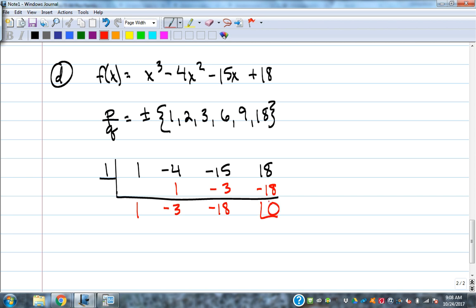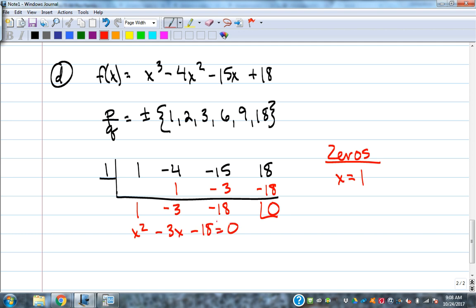Here we do. We've got 1, negative 3, negative 18, and a 0 remainder. That took that polynomial from an x cubed polynomial down to what? X squared. This is x squared minus 3x minus 18.